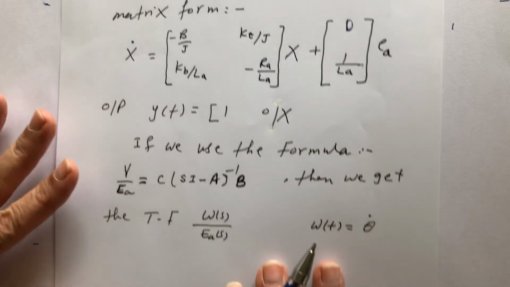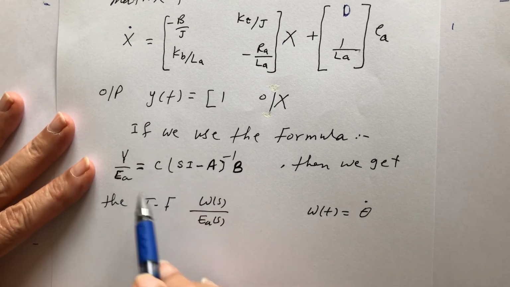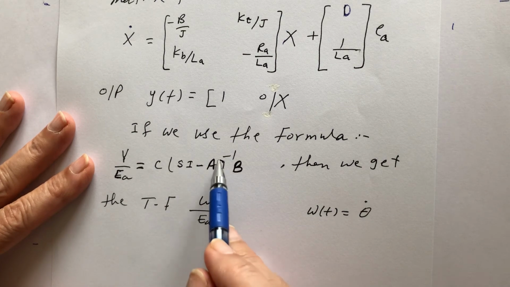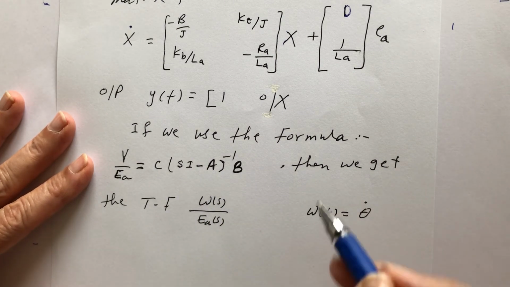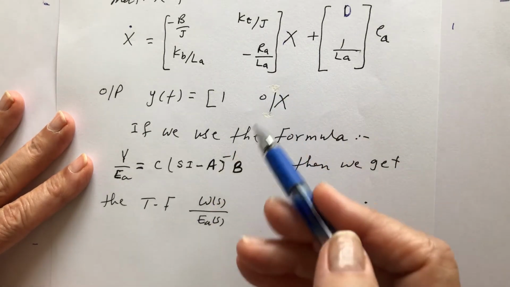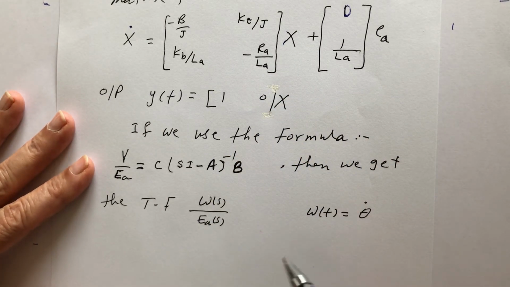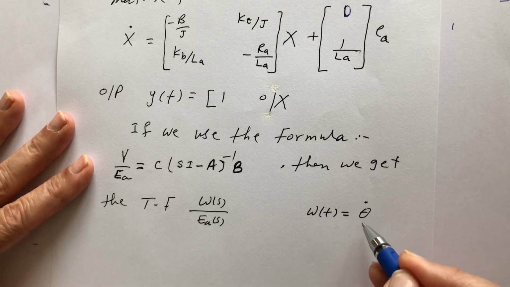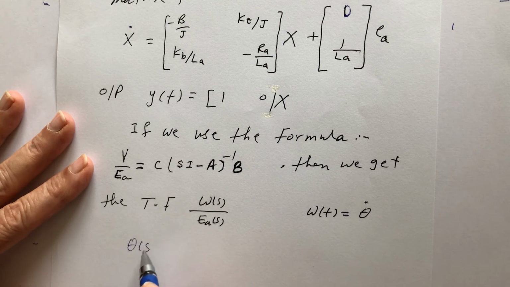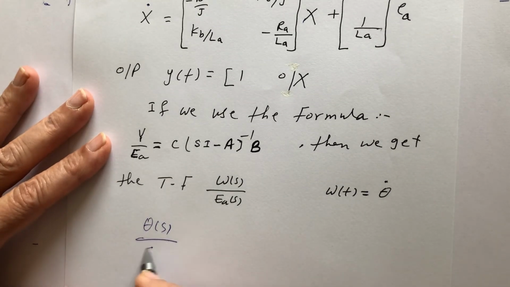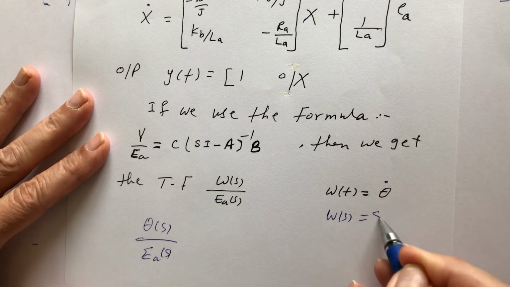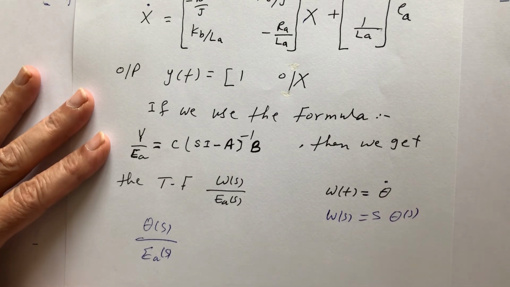Now, if you use the formula, if I remind you, Y over EA equals C times (sI minus A) inverse times B. I don't have a D, it equals 0. Then we get the transfer function omega of s over EA of s, where omega of s is theta dot. If you want to get theta of s over EA of s, you go into Laplace, so omega of s equals s theta of s, right?